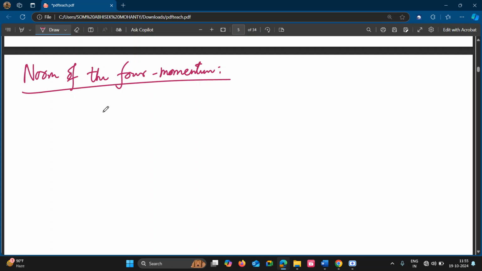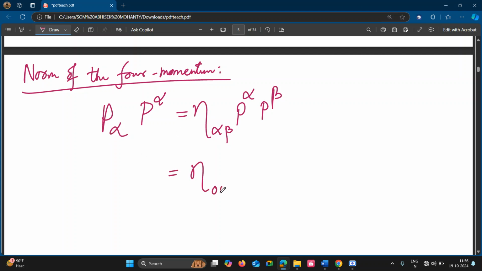So the norm will be P alpha P contravariant alpha. P alpha can be written as eta alpha beta P beta, where eta alpha beta and P beta give me P covariant alpha. So this can be written as eta 00 P0 P0 plus eta ij Pi Pj, where i can be 1, 2, 3.